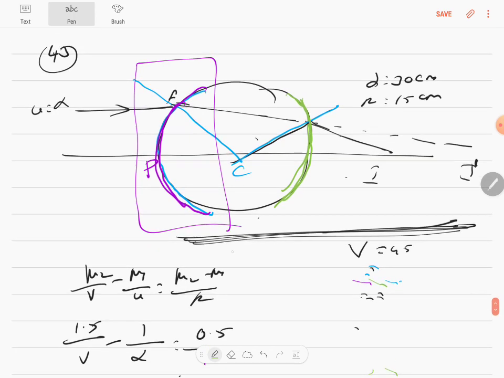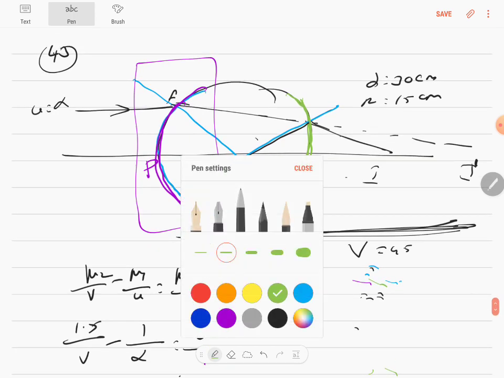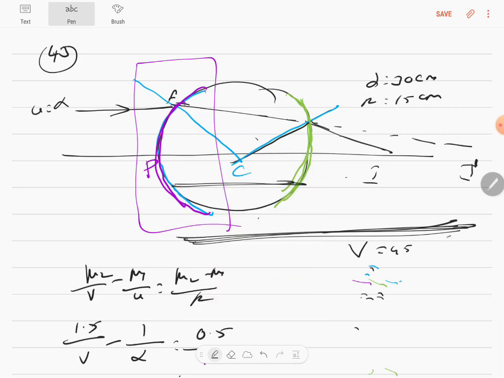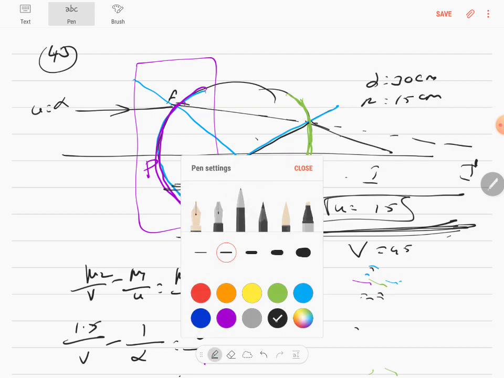This whole thing is 45. You know the diameter itself is 30. So 45 minus 30, 15 will be the object distance for the second phase. Object distance for the green color's phase, that's going to serve as an object for the second phase, right?